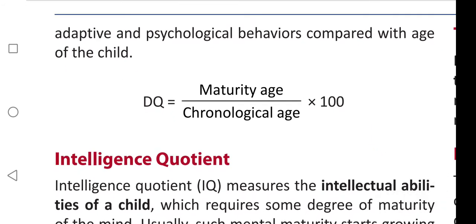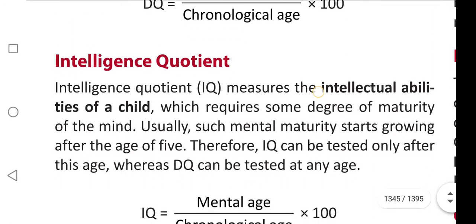DQ, that is developmental quotient, is about maturity. Development means nothing but maturity. DQ equals maturity age by chronological age into 100.